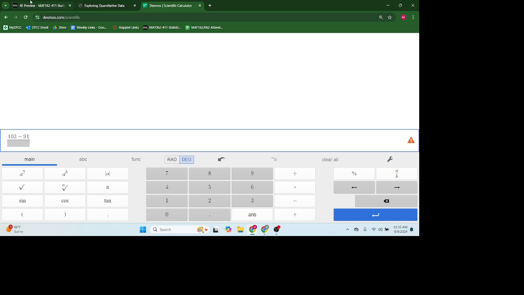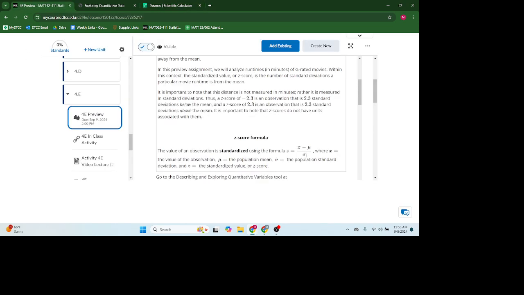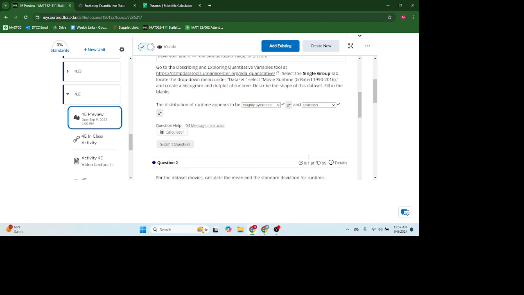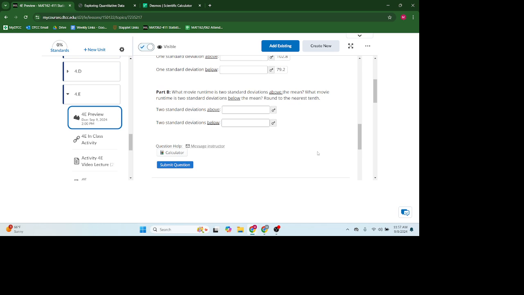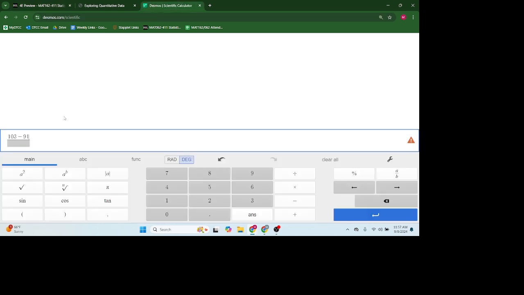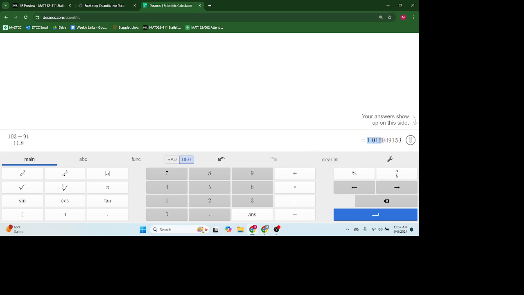The last part of the formula is to divide by the standard deviation. Our standard deviation was 11.8, so I'm going to divide by 11.8. When I do that, I get 1.0169, and that's my z-score for 101 Dalmatians. That tells you that the runtime of 103 minutes is 1.0169 standard deviations above the mean.